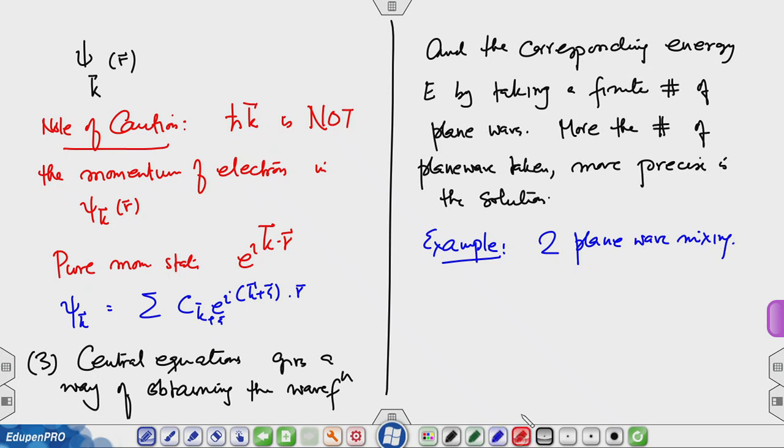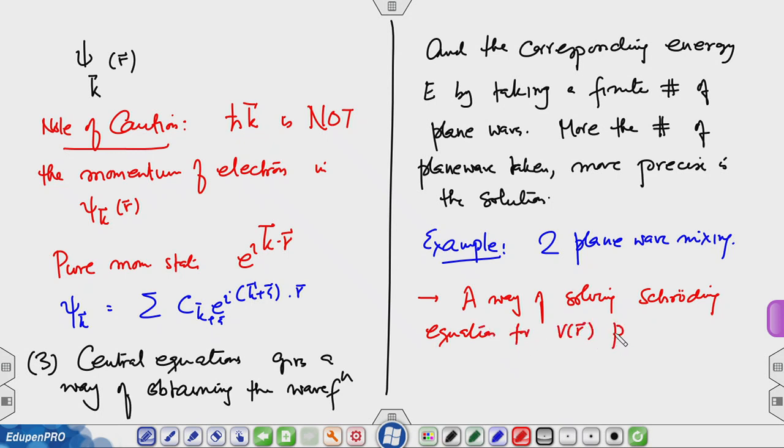Now, I will also give you an assignment, a way of solving the Schrodinger equation for V r periodic by integrating it in 1D.